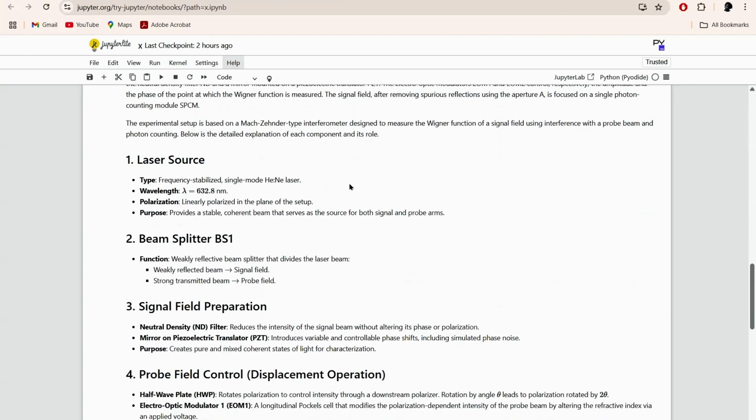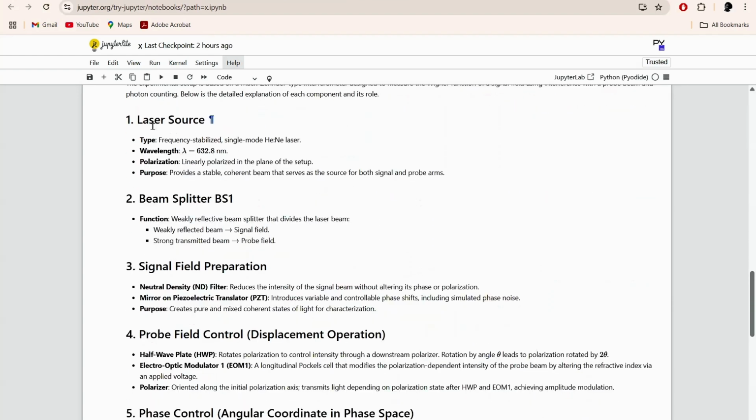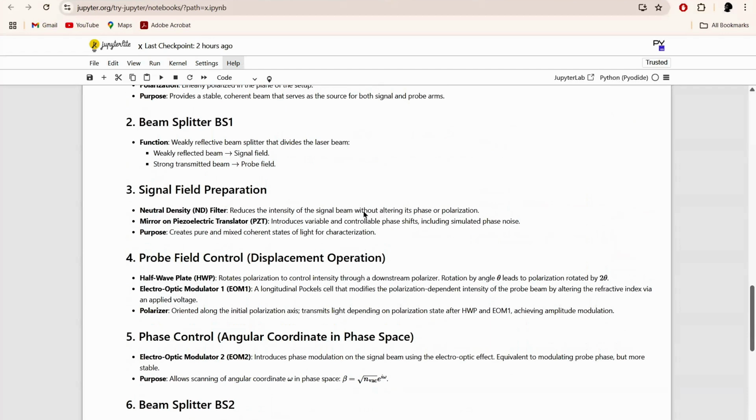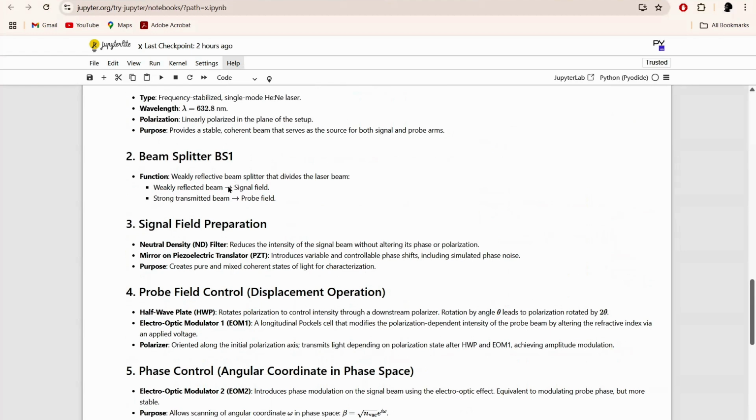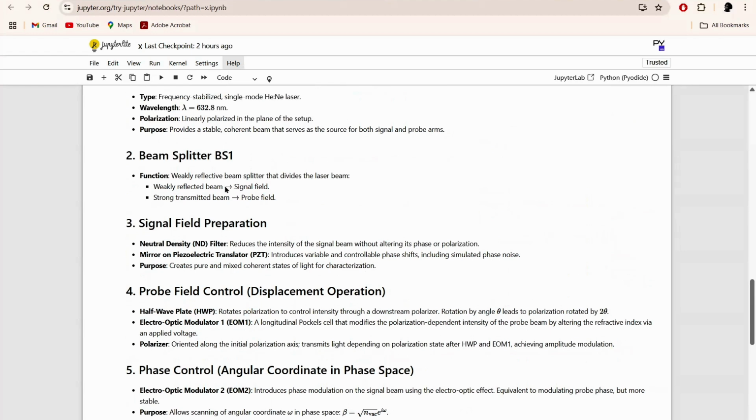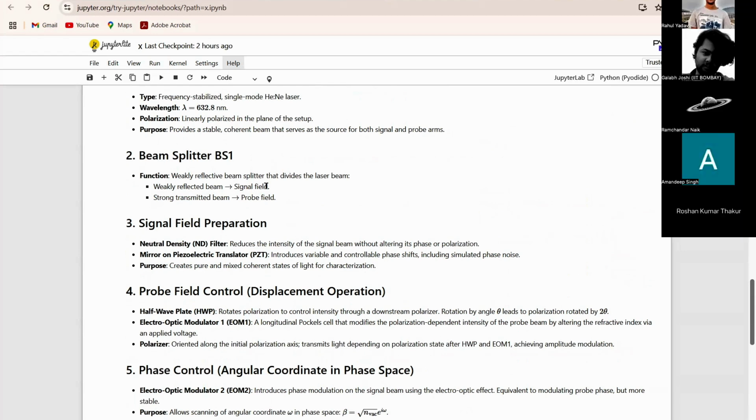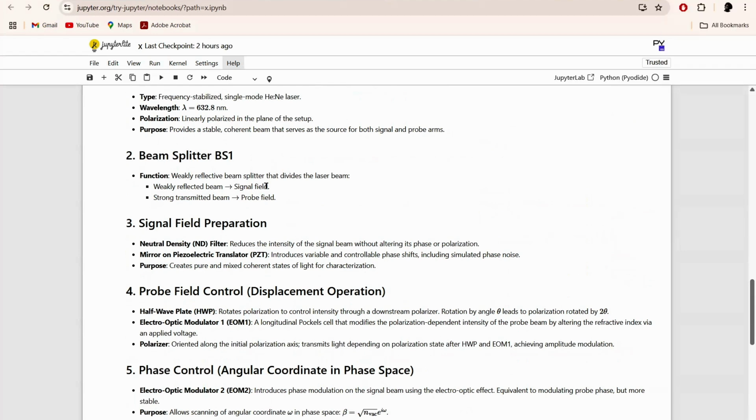In this experiment, the authors have used a single mode helium neon laser source, and the wavelength of this laser was 632.8 nanometers. Continuing from where I left, beam splitter one is giving us a very weakly reflected beam, and it is transmitting a very strong field, which is known as the probe field.